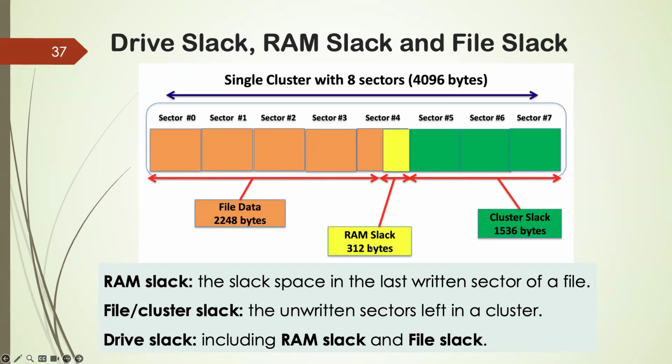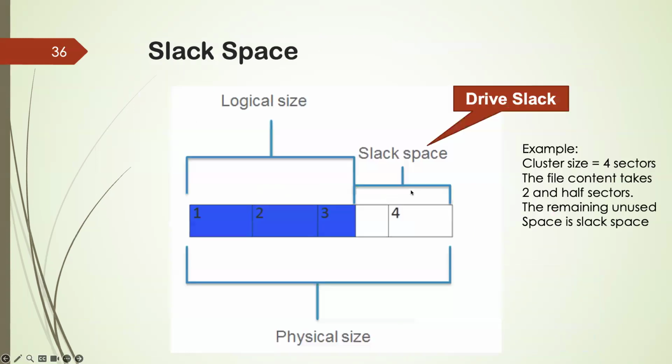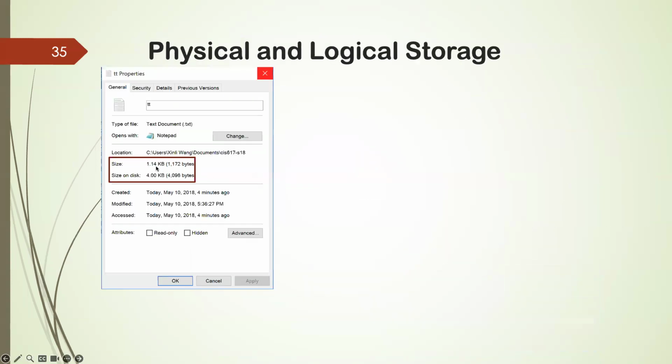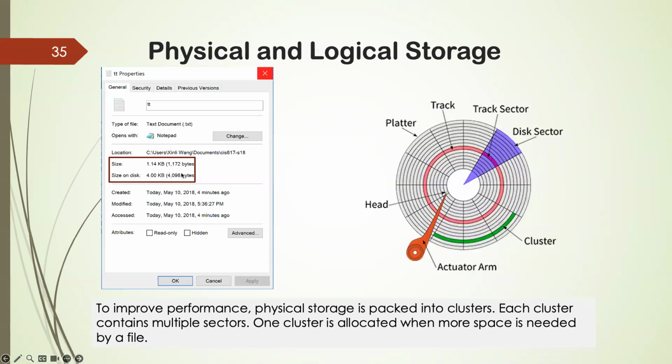It is the sum of your RAM slack and the cluster slack, or the file slack. Or you can otherwise say that it is the difference between the actual size, the size of the data, subtracted from the size on the disk. If you subtract these two, you will get the total slack space that is available there.